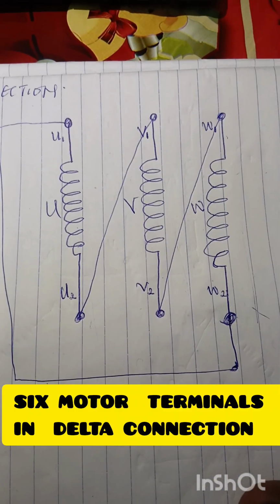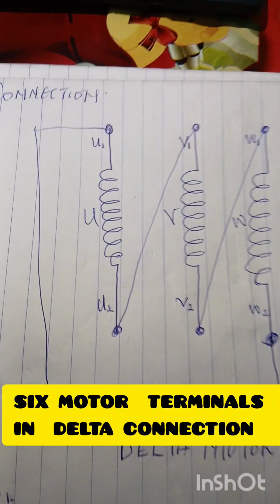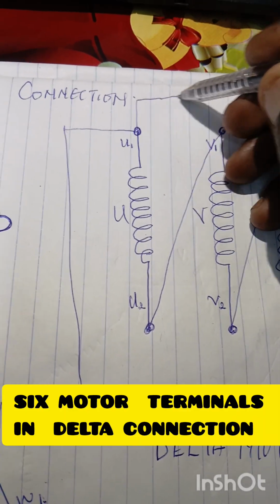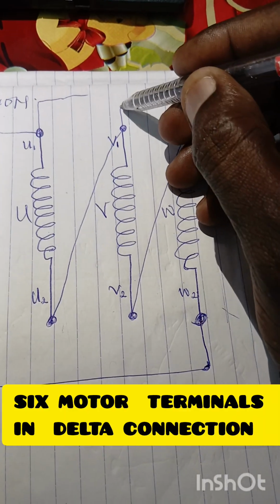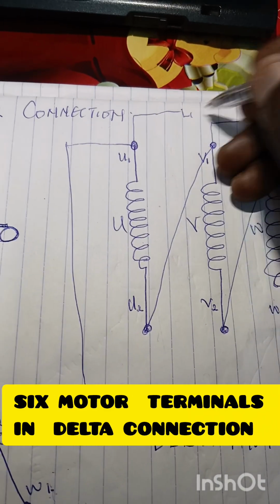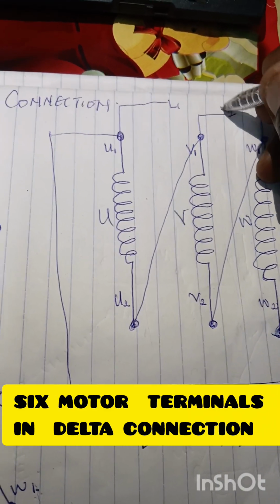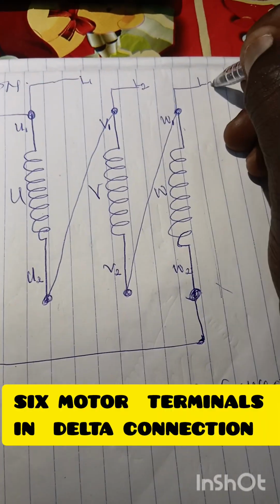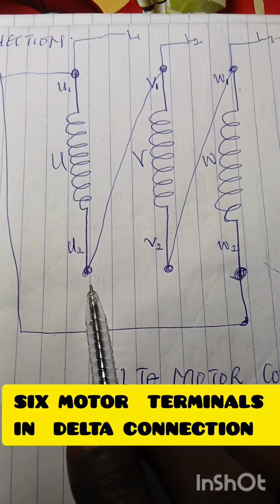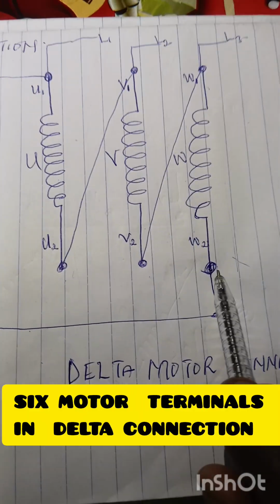Are you asking me how do you now connect your supply to it? Of course, you can connect through the upper terminals here to L1, L2, and L3, line 3, or you connect from the lower terminals here, the L1, L2, L3.